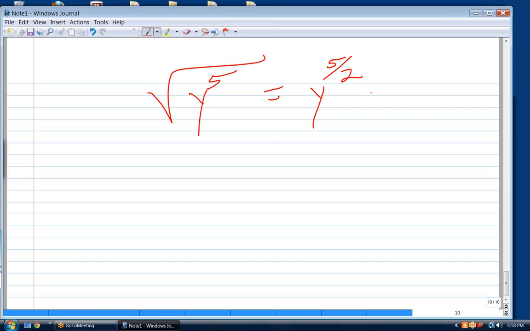And then that can be simplified because we always want to express any whole numbers of y that we can. So that's the same as y squared times y to the 1/2, right? Because if you add those exponents, you get 5/2. So the answer really is y squared square root of y.